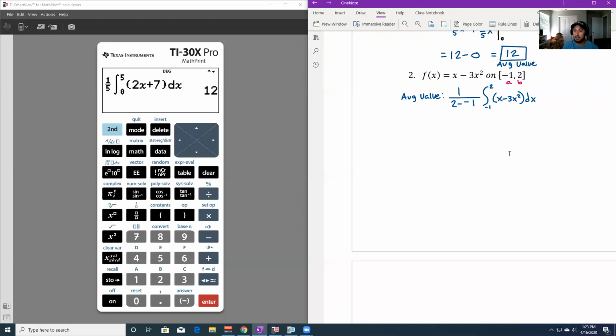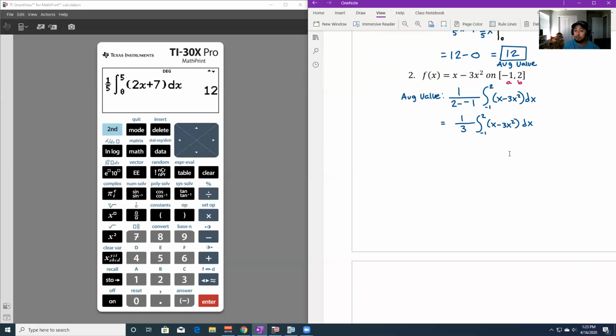Now, let's clean it up. This now becomes 1 over, remember minus minus makes plus, so it becomes 1 over 3 times the integral from -1 to 2 of x minus 3x squared dx.